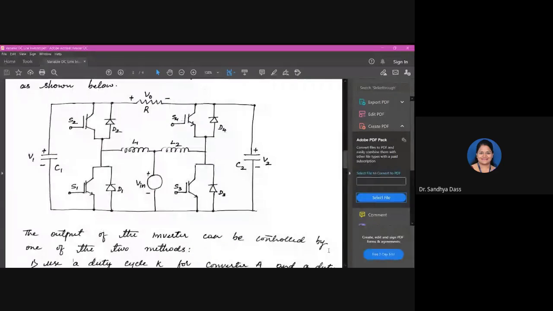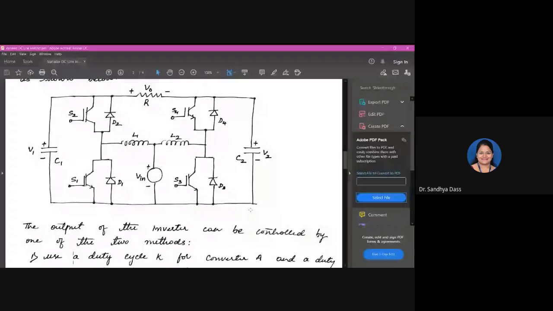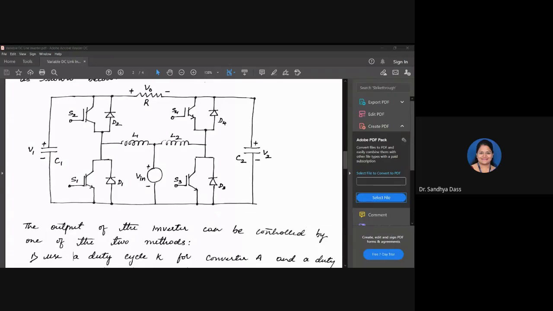Take this circuit down first. If you know this circuit, then you will understand the working of the equivalent circuit. Are you with me?